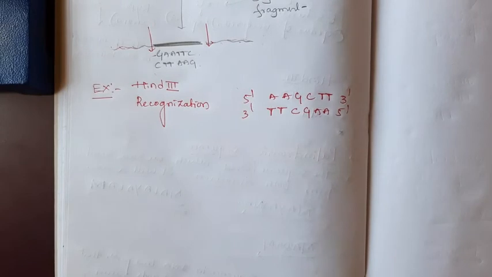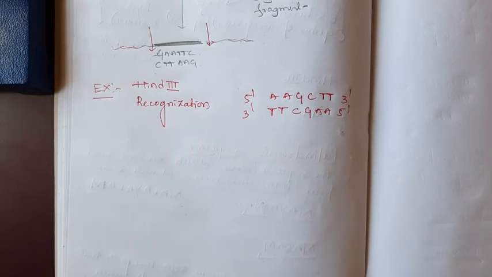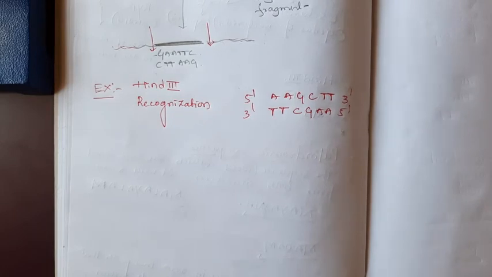I am using the word cutting repeatedly because the function of a restriction enzyme is like that, it cuts the DNA. Instead of cutting, we can use the word cleavage.